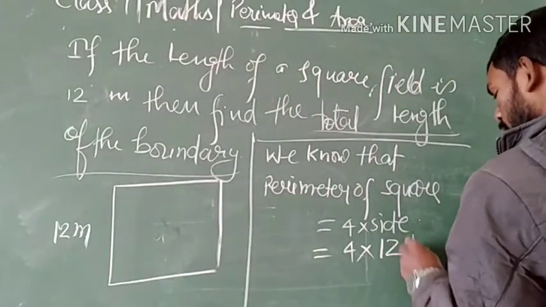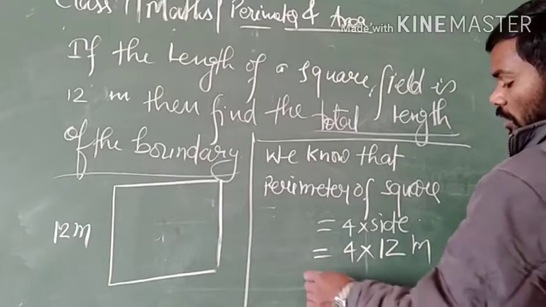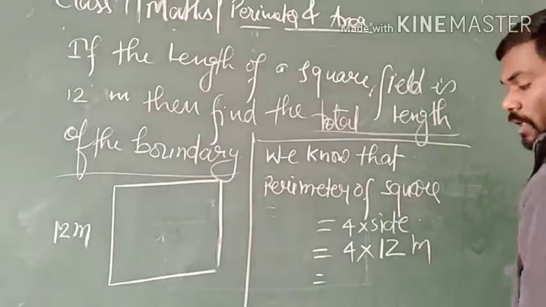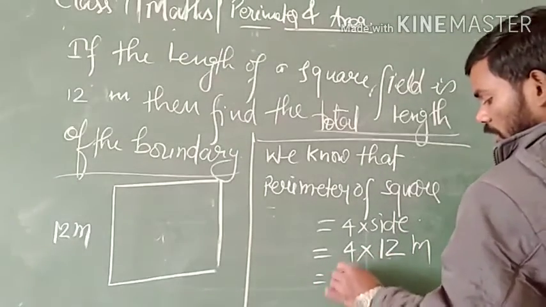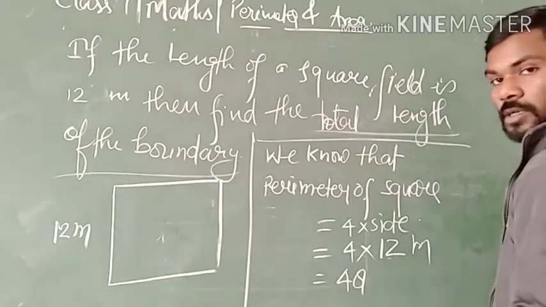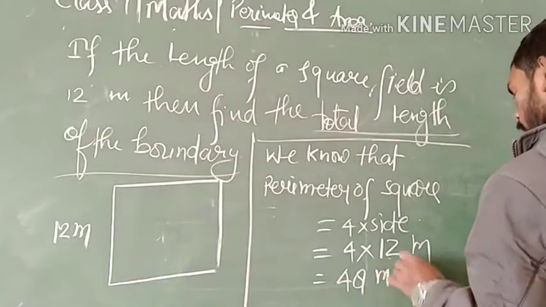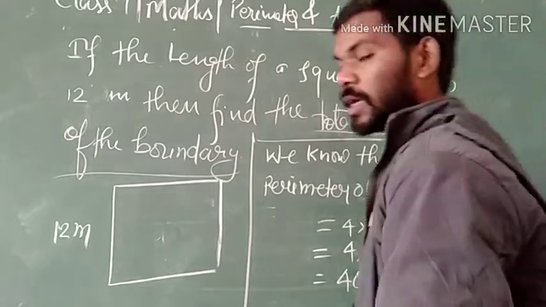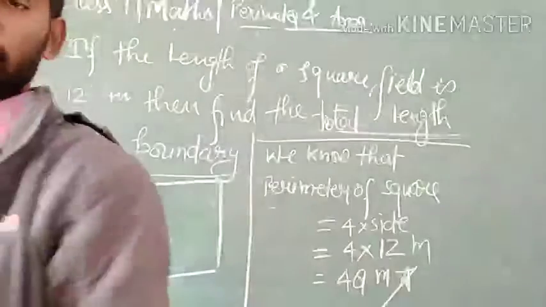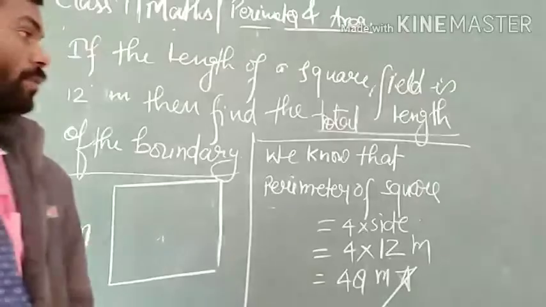So here we write 12 meter, and at last we get 12 times 4 is 48 meter, which is the required result of the given problem.